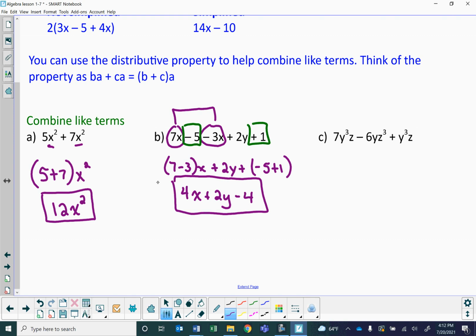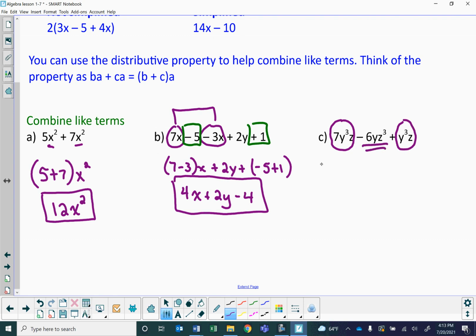All right. This last one here, I'm going to do like I did letter B. I'm going to look at this and say, okay, I've got 7y to the third z minus 6yz to the third plus y to the third z. Okay, so my like terms, 7y to the third z and positive y to the third z here. This is not a like term because it's yz to the third.